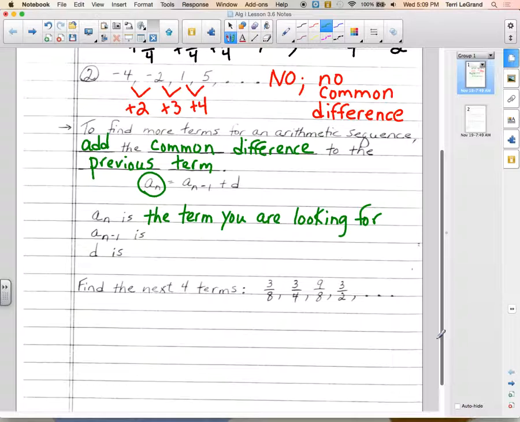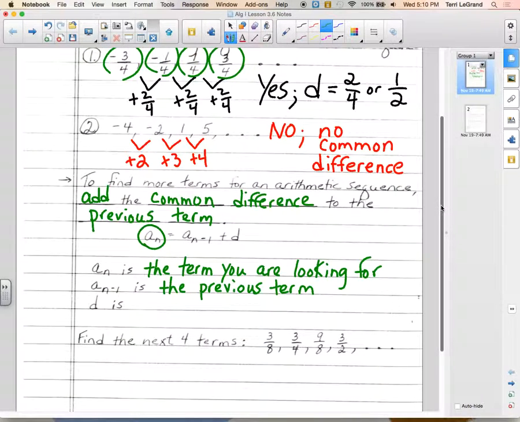Well, a sub n minus 1 is the previous term. If you take 1 away from the term number you're looking for, then that should take you to the previous term. So if we were looking for the fifth term, then the fourth term, the last one that we had, would be the previous one, and 5 take away 1 is 4.